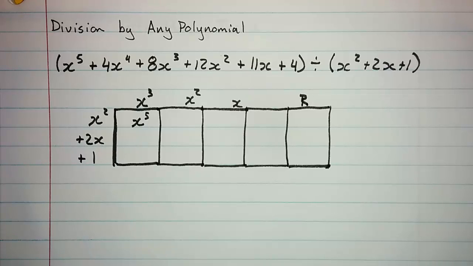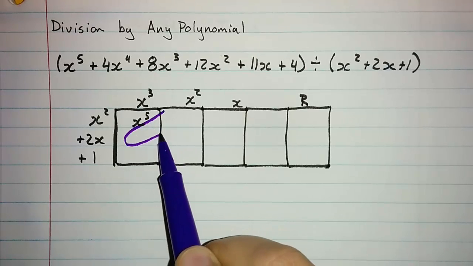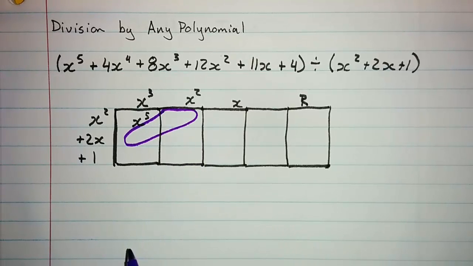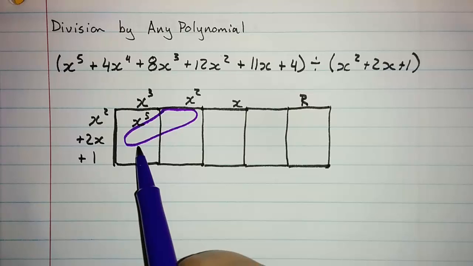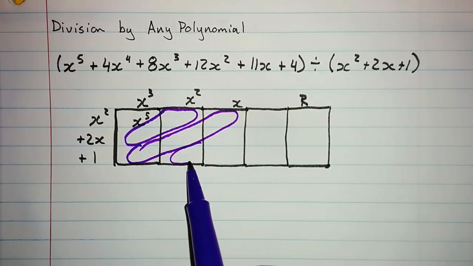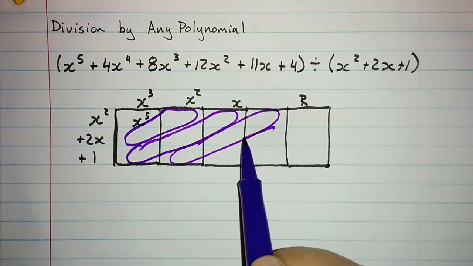Now let's take a minute and look at our diagonals, because this is the big place where the complication increases. Here we see 2 boxes that will contain x to the 4th terms, 3 boxes that will contain x cubed, 3 boxes that will contain x squared.